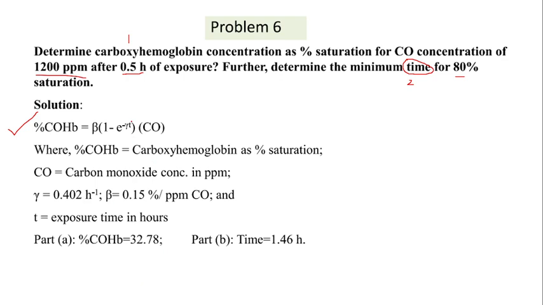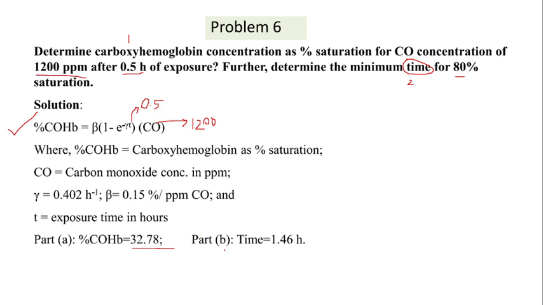So if you substitute here t as 0.5, and CO is 1200. It's very simple. And gamma is already given 0.402, right? Beta is 0.15. If you substitute this, you will obtain the percentage of COHb as 32.78.